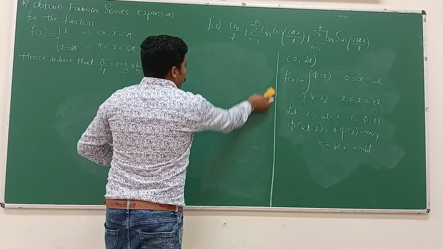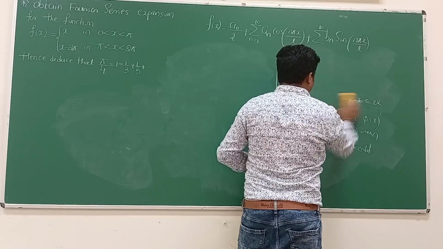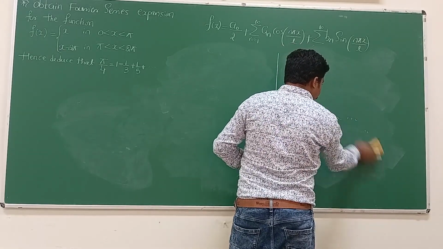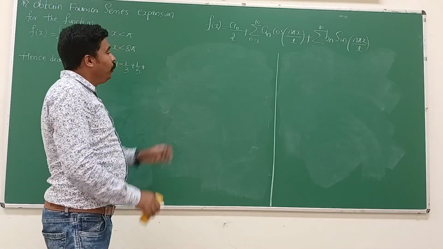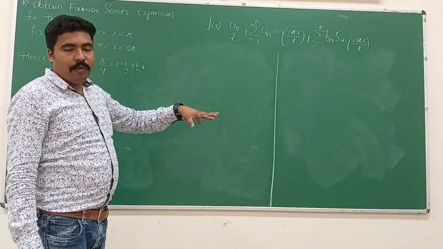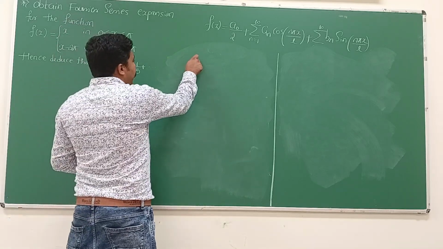So now, if we know the even odd function concept, what may be the formula? Will the formula be the same? No, there is a slight change in the formula. If we apply the even odd concept for any Fourier series function, then how do we write a naught?